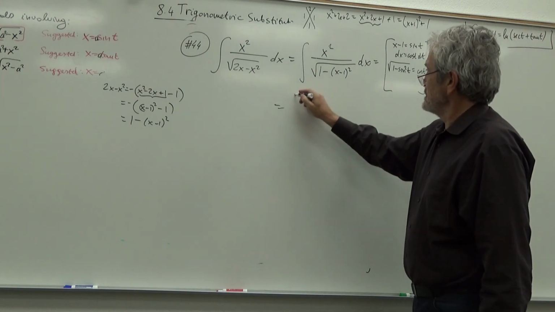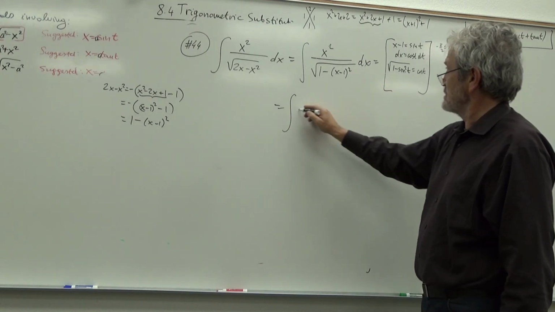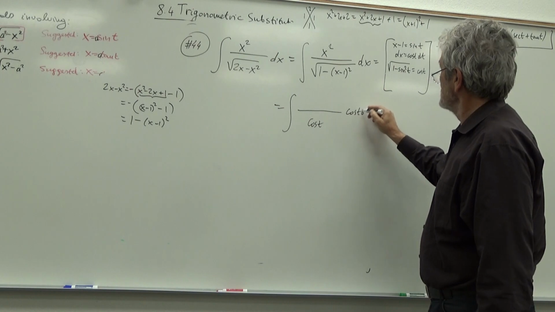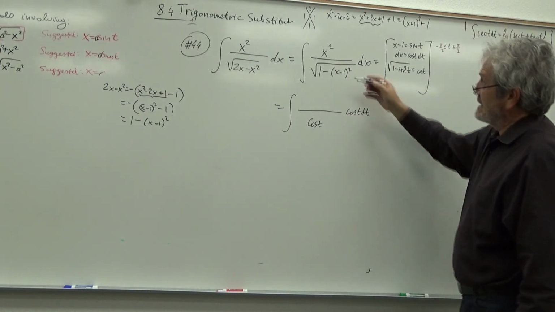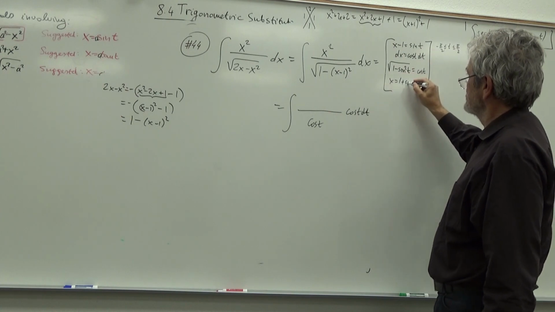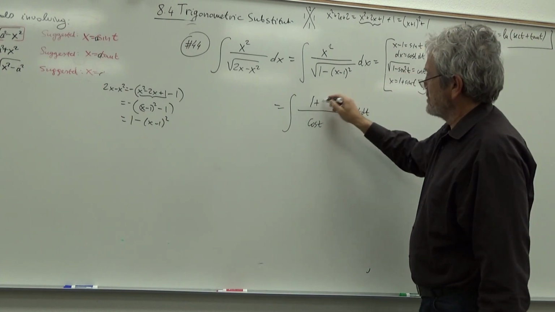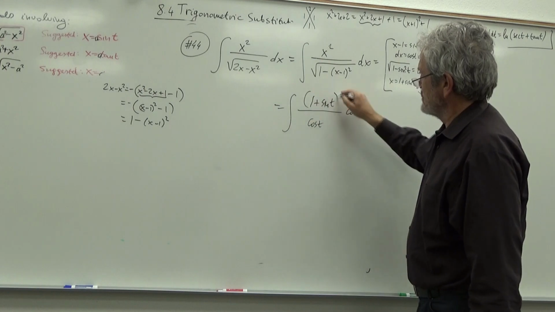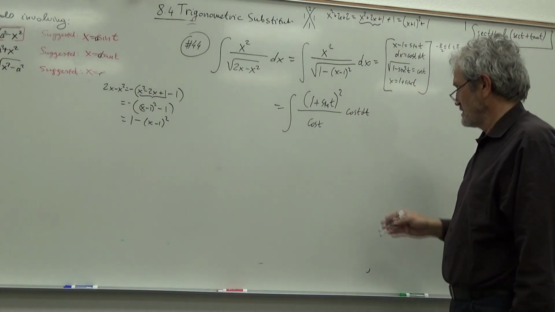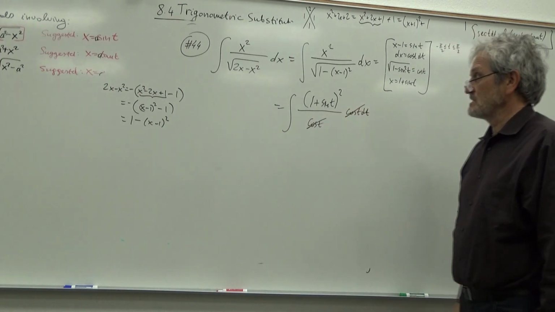So what would that be? It's integral. This is cosine t on the bottom. Cosine t dt. And then I have x, but that's easy. X is just 1 plus sine t. So that's 1 plus sine t squared. And this is now really routine because the good news is cosine t cancels.